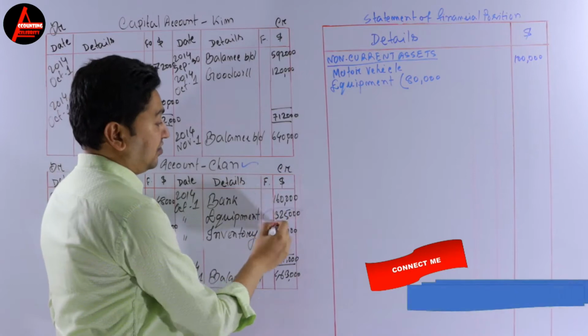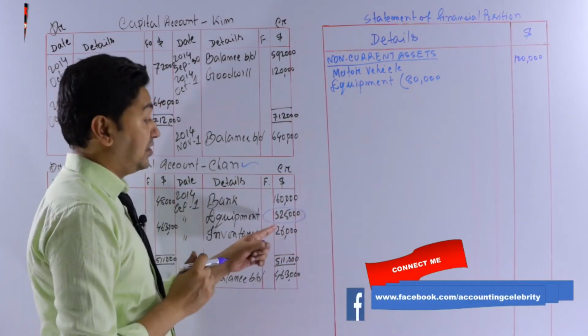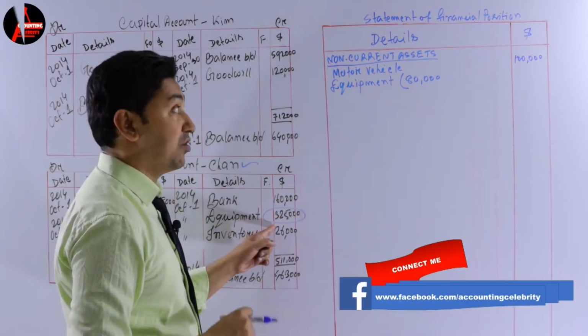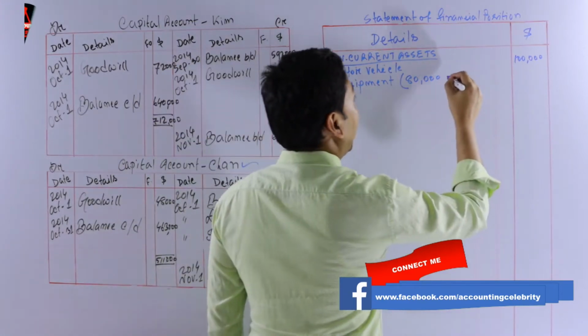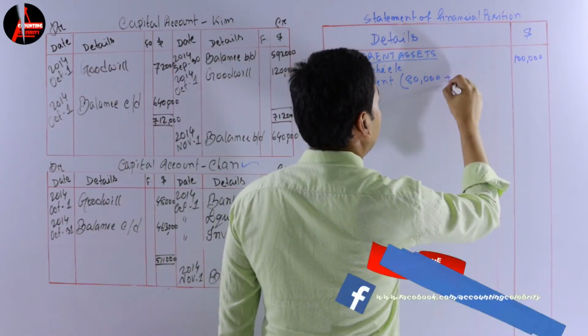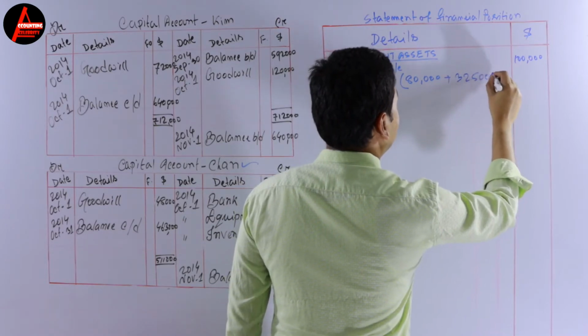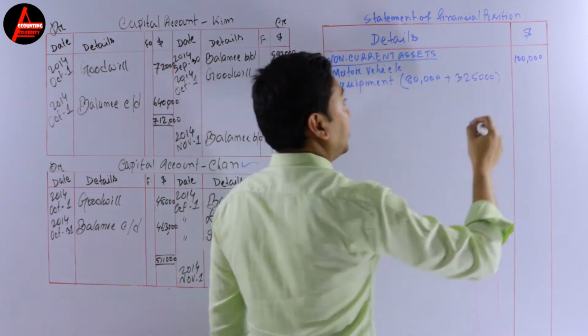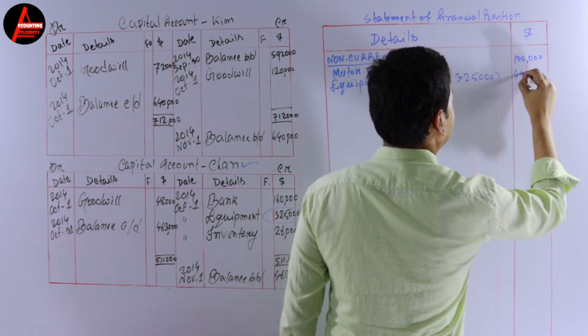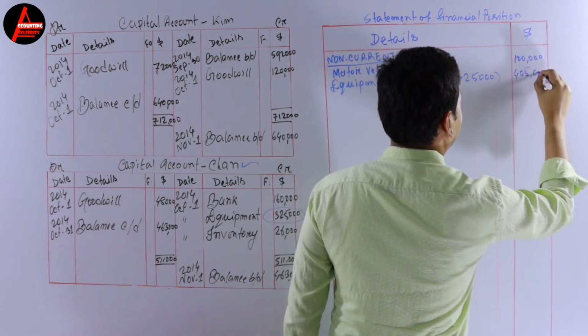This equipment is newly introduced, so we have to add this equipment value with the previous one. If we add, it is $405,000. Okay, great.